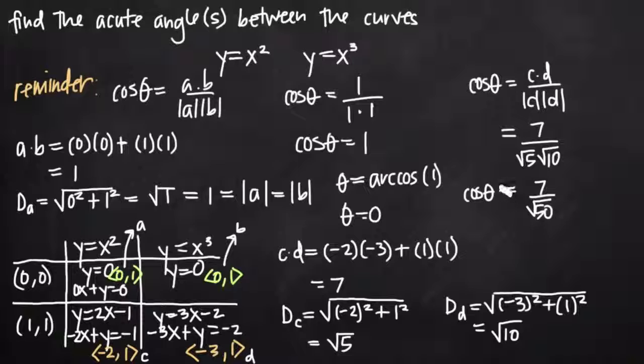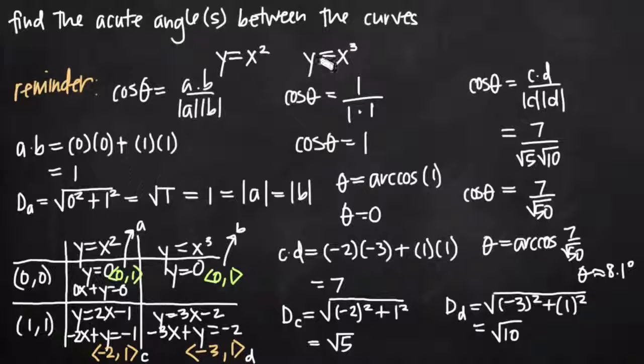I want to solve for theta by taking the inverse cosine function of both sides, and I'll get theta equals arc cosine of 7 over root 50. Again, when my calculator is in degree mode and I calculate this, I get a value. Theta is approximately equal to 8.1 degrees if I round a little bit. So 8.1 degrees is the angle between these two tangent lines, which essentially we'll call the angle between these two curves at their point of intersection, 1, 1.